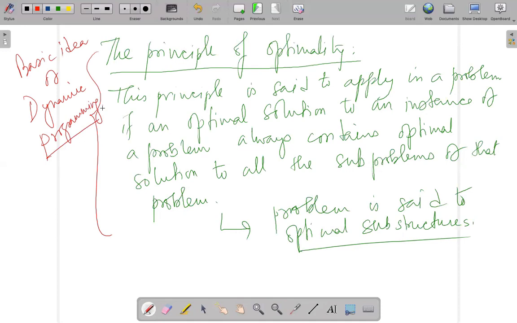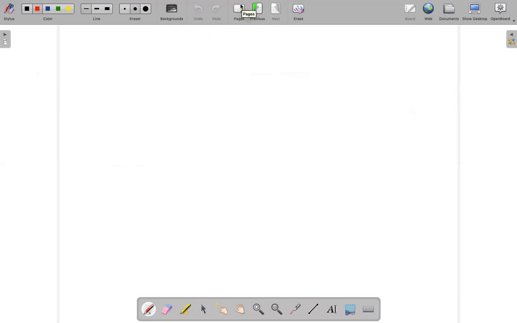So this is one of the ways to identify whether your problem belongs to the class of dynamic programming or not. Any dynamic programming problem will typically have an optimal substructured nature. Okay. We will start with a graph example.